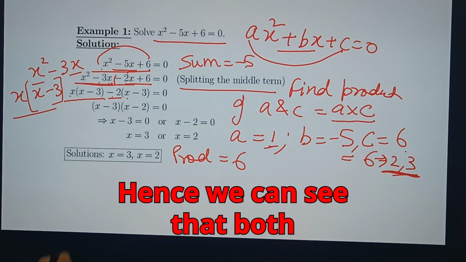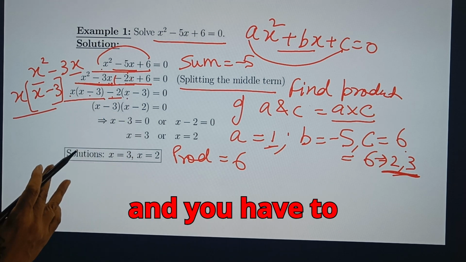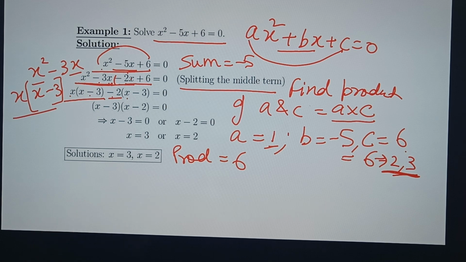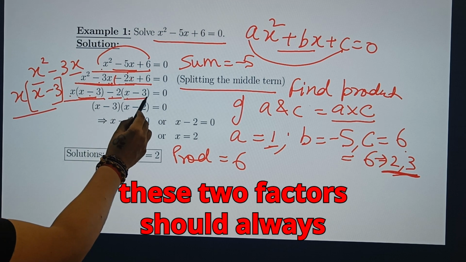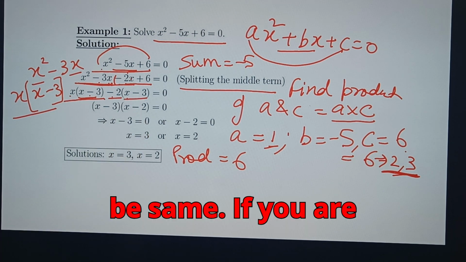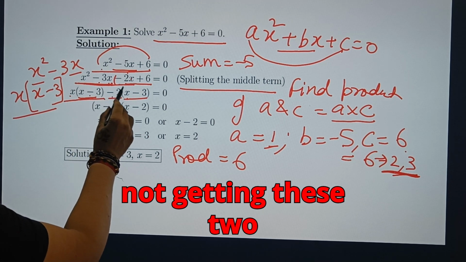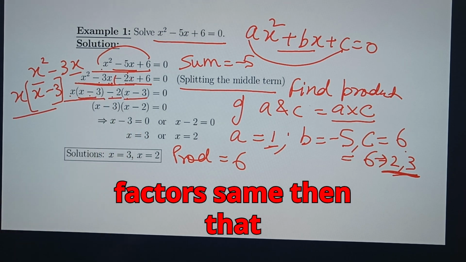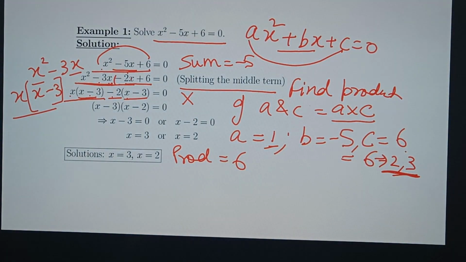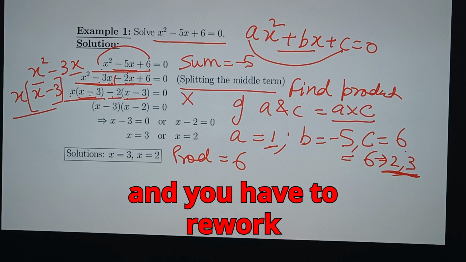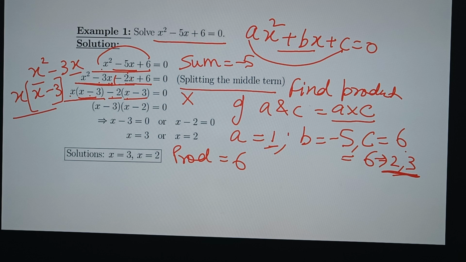Hence we can see that both these two factors are linear, and you have to remember that these two factors should always be same. If you are not getting these two factors same, then your answer is wrong and you have to rework your previous solution.